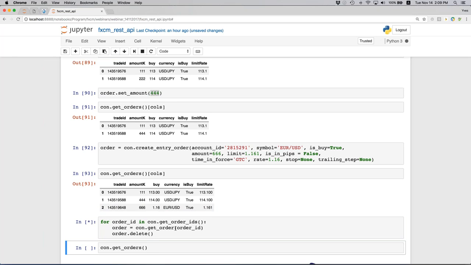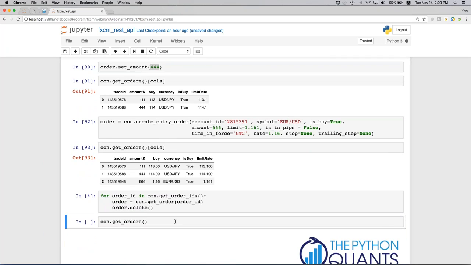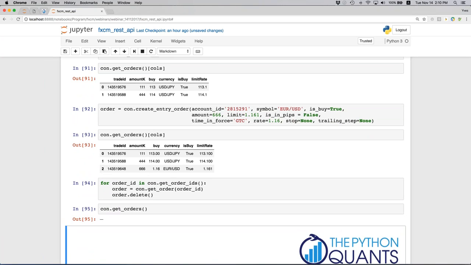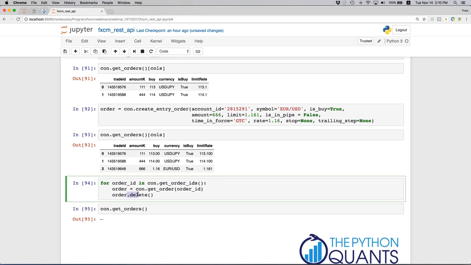So in this cell, we read out all open orders. And when we now have a look, after we have deleted all the orders, you see that our order list is empty, exactly the same state as when we started.